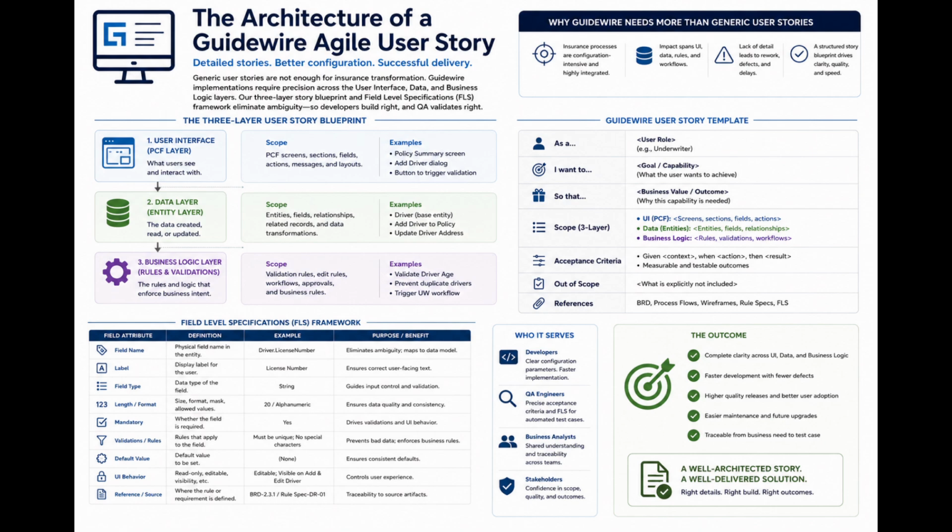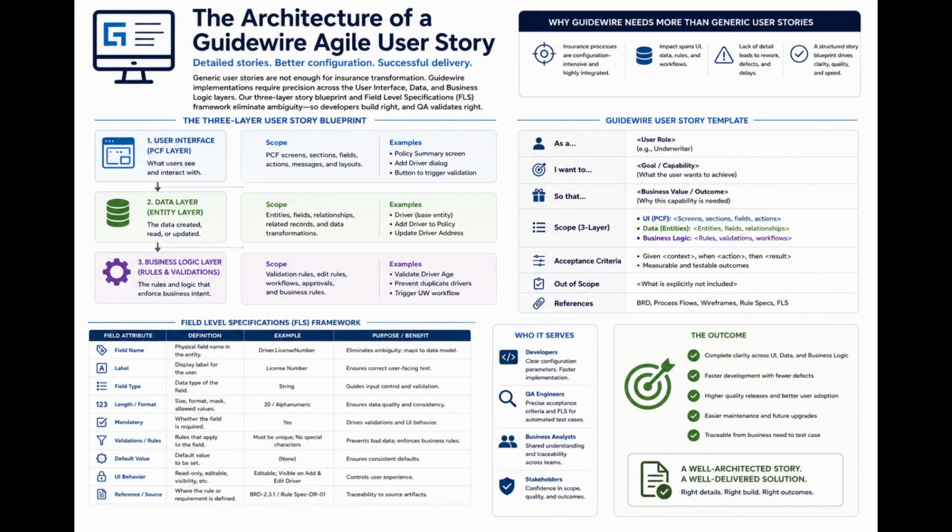Next is the architecture of a Guidewire Agile user story. This section deconstructs the anatomy of a Guidewire-specific Agile user story, explaining why generic user stories lack the detail required for complex insurance modernizations.